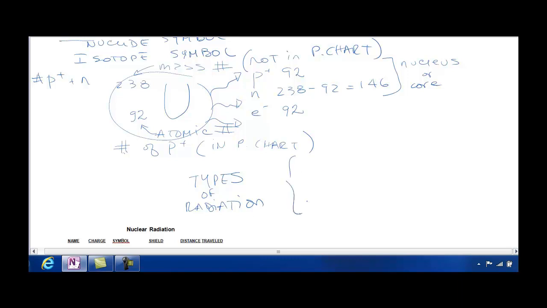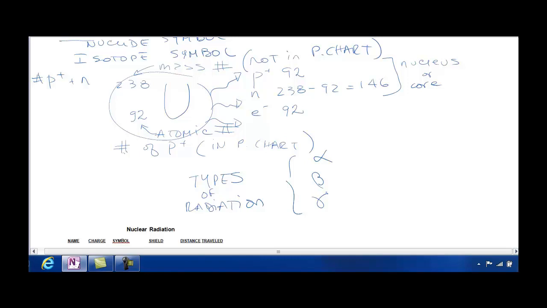They are going to be alpha, beta, or gamma. Okay? Now I am going to give you a little chart to differentiate between these 3 types of radiation. These are the only 3 that this course requires us to learn. And since most of us are visual learners, I will give you an example as to how to relate to these different types of radiation.